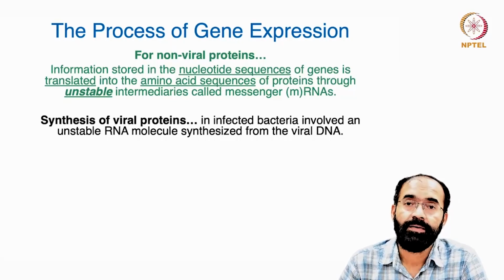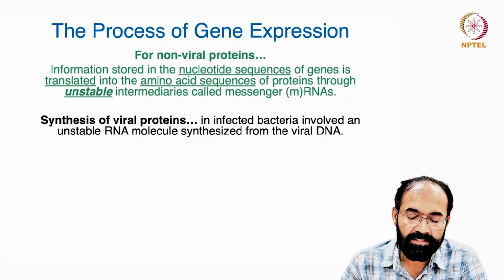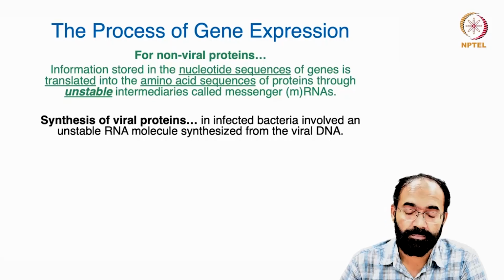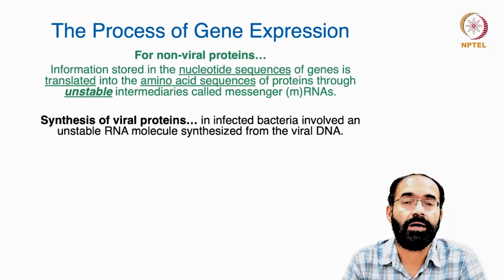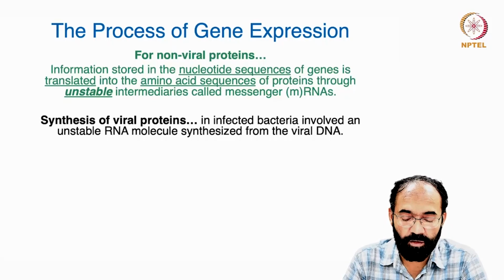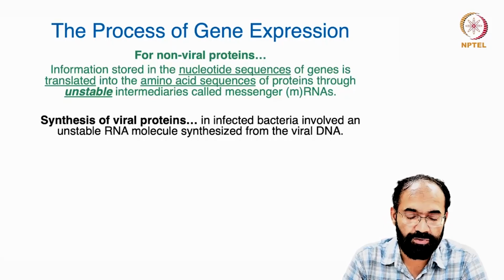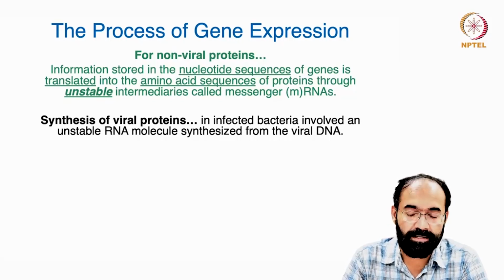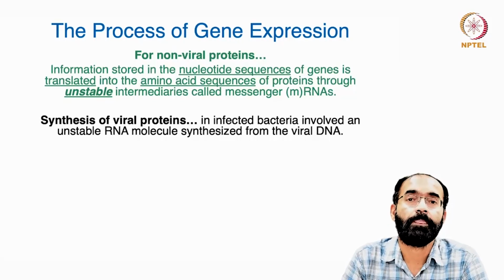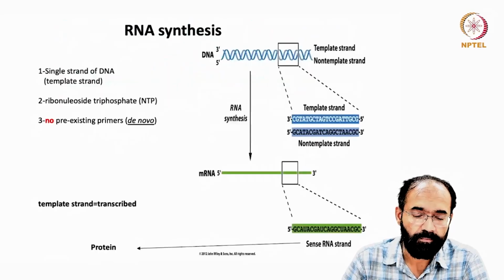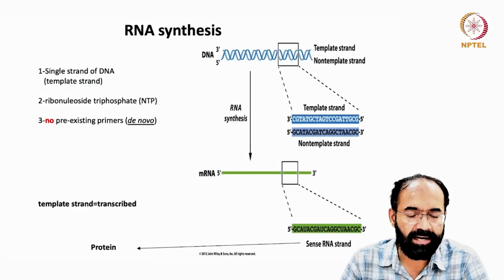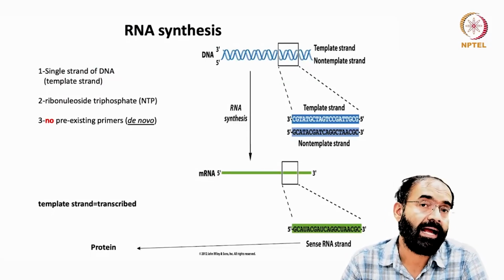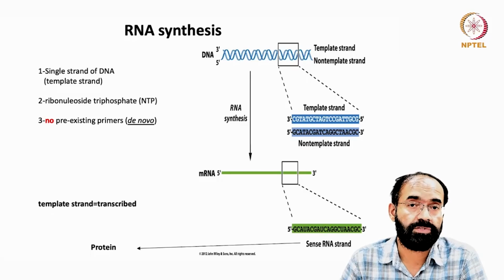And when a bacteria gets infected with a virus, an unstable RNA molecule that is synthesized from the DNA is involved, and this allows the propagation of the bacteriophage in the host. In the same way, a eukaryotic cell infected by a virus also undergoes the influence of the virus. So if you look at RNA synthesis, a single strand of the DNA, the template strand, can act as the source of information.